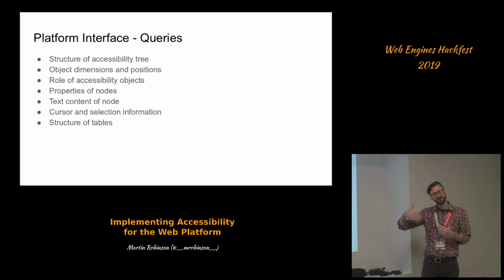Also this idea of the role of accessibility objects, which is a conceptual issue when we're dealing with assistive technology, where the technology really wants to know not just what the thing is, but why it's there, which makes it easier for the technology to interact with that and explain it to the user of the assistive technology.